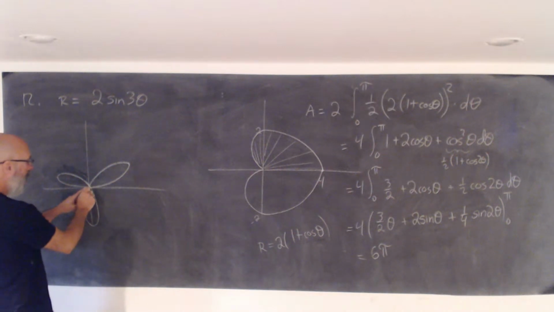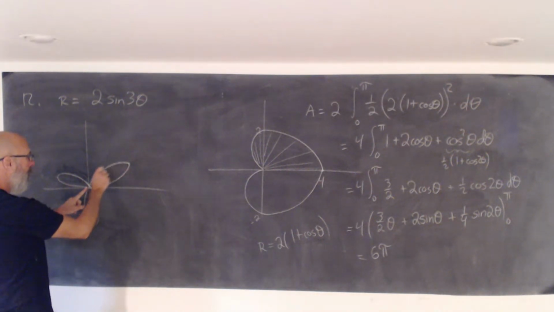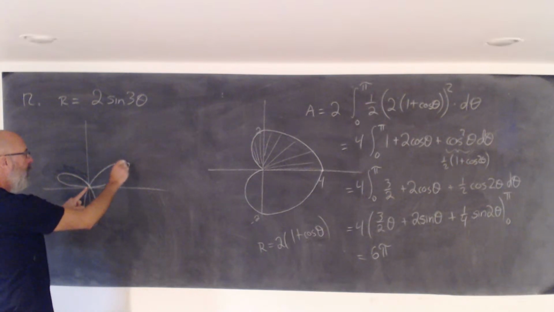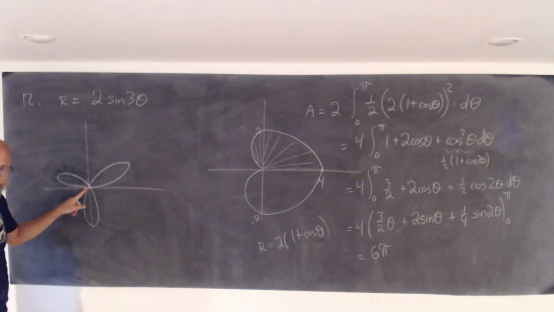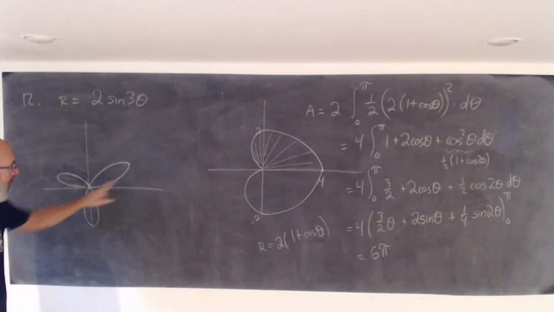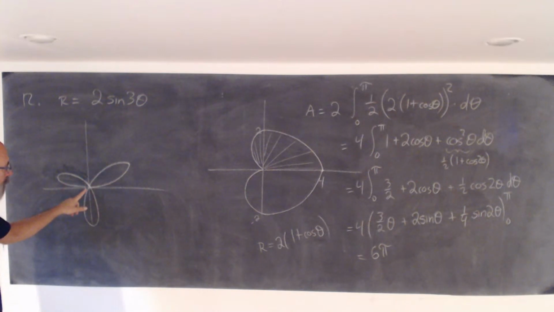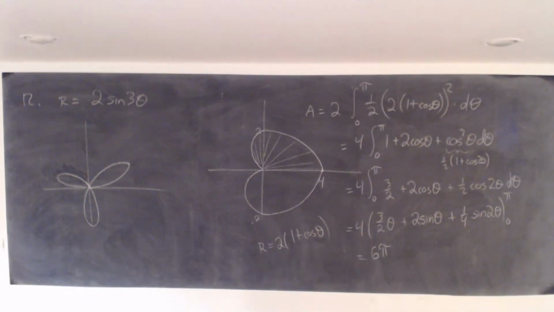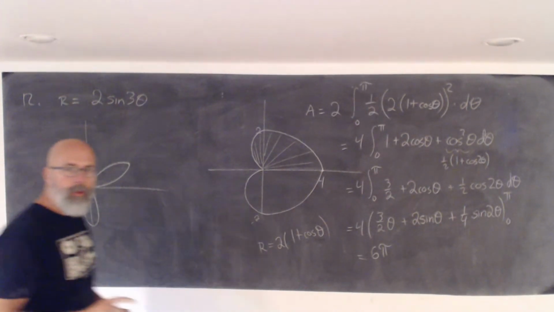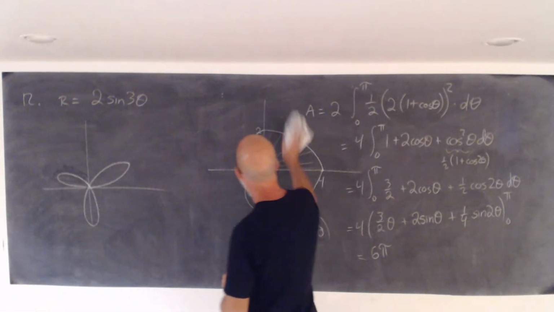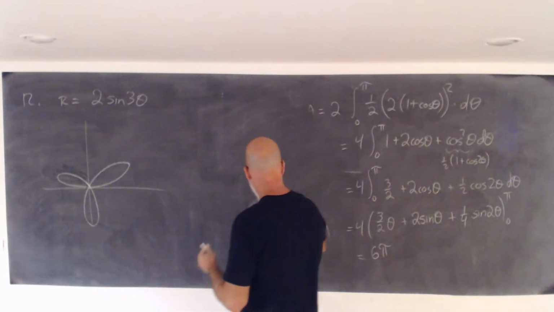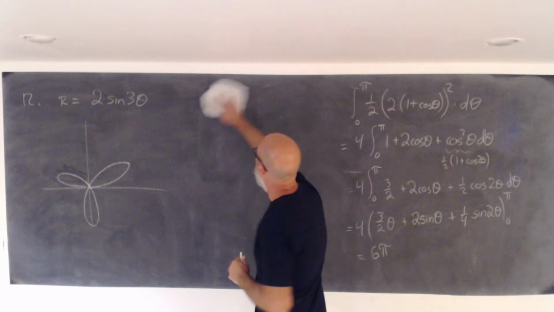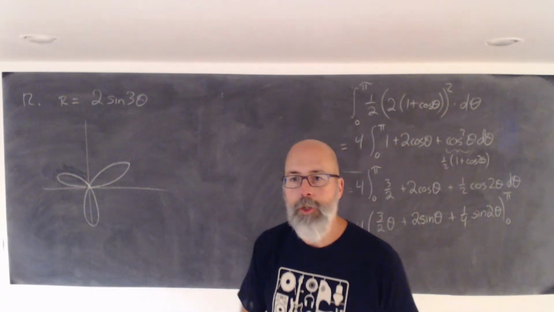Where one petal was actually graphed going from 0 to pi over 3. Right? This first petal was graphed going from 0 to pi over 3, and we had convinced ourselves that there were only 3 petals. So we can find the area of one petal and multiply by 3. Right? There's obvious symmetry, even though my graph doesn't suggest there is.